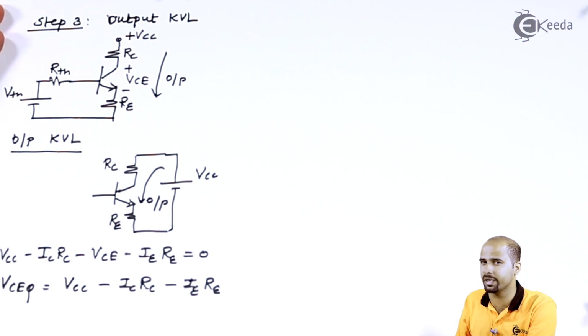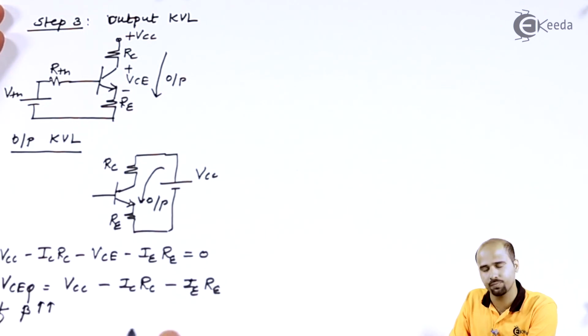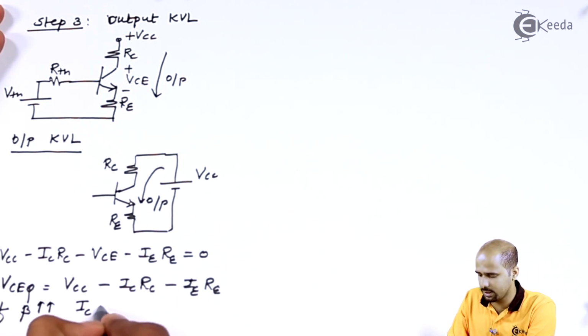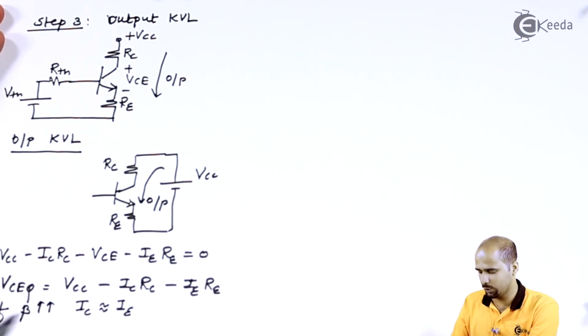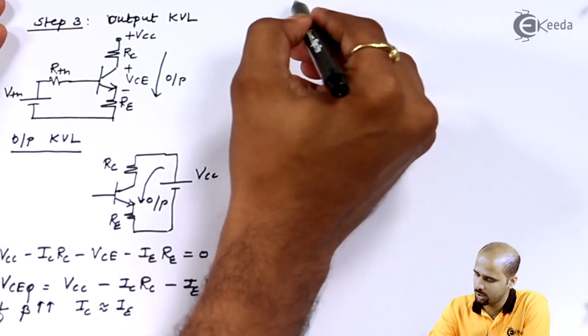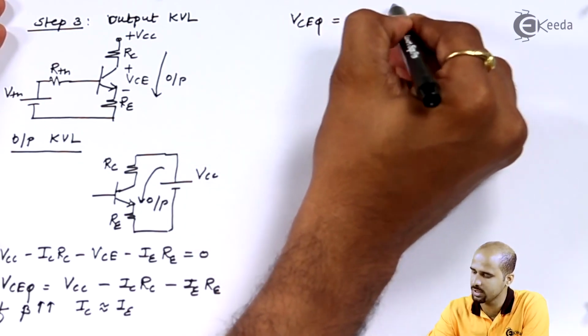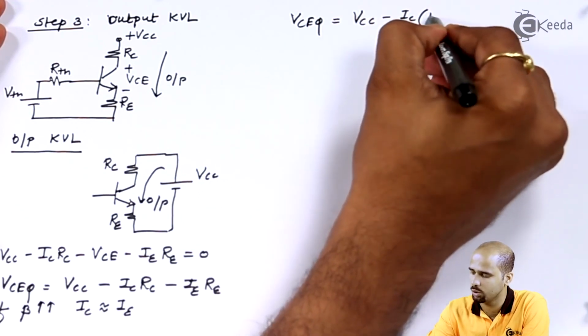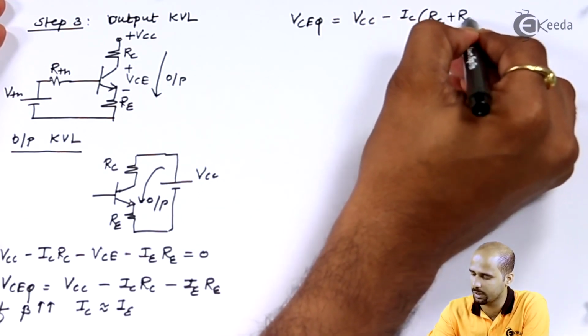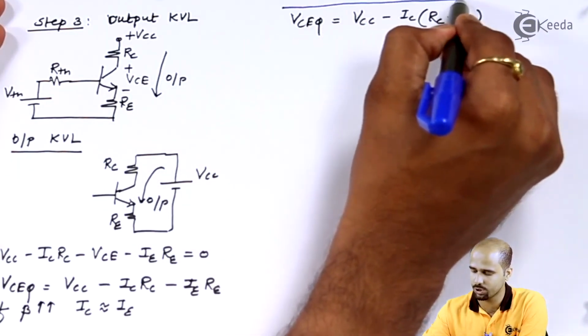If we want to make approximations, we say that if beta is much larger, I can say that IC is nearly equal to IE. In this case we modify our equation as VCEQ is equal to VCC minus IC into (RC plus RE), and this is your third equation as far as approximations are concerned.